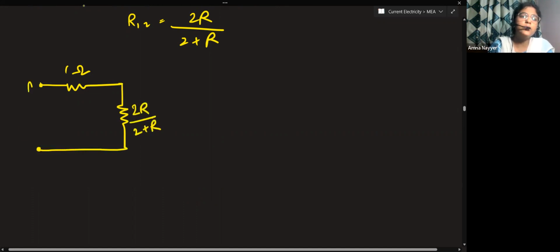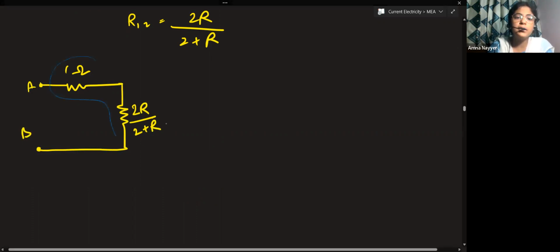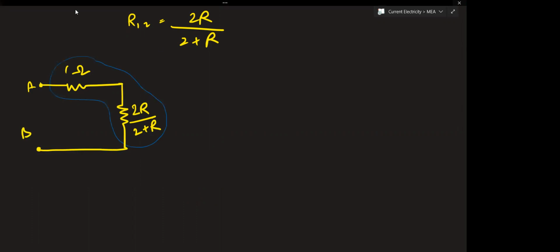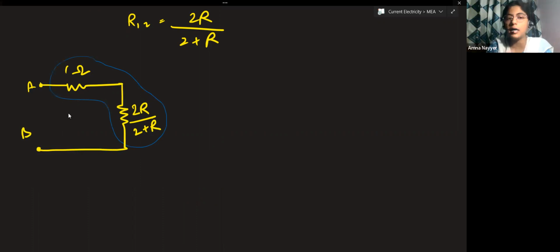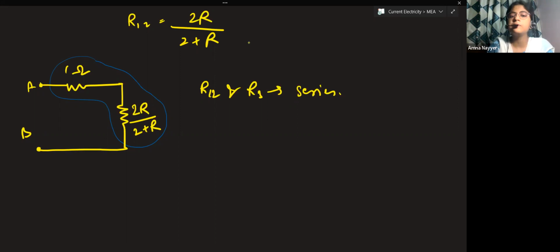This was A, this was B. Now if you see both of them, both these are connected in which manner? Series or parallel? Series. They are connected in series. Yes, good, Khalid. So R12 and R3 are connected in series, which means I can directly add them.